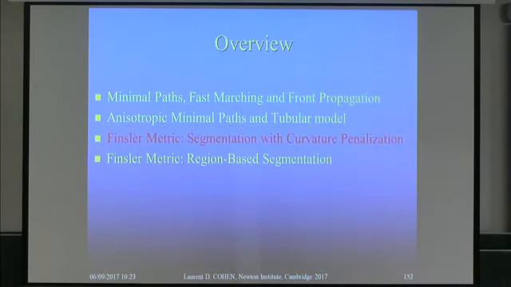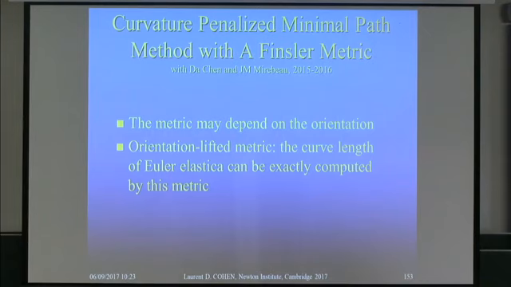Okay, so let's now go to more recent work and a more recent extension to the more general metric called Finsler metric. It corresponds to a metric depending both on location and orientation, and we'll see two examples of application of this Finsler metric.